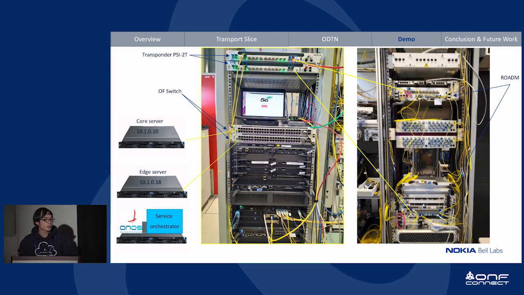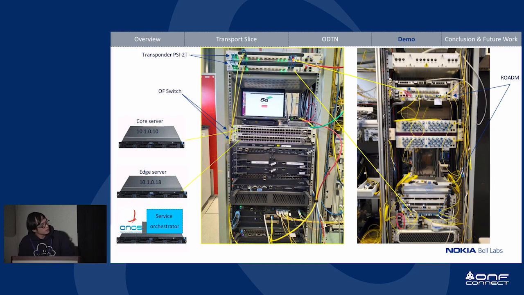That's why we have to provision an optical channel between the two line ports of the two transponders. At the client side, we connect each transponder to the router, and from the router to the OpenFlow switch.